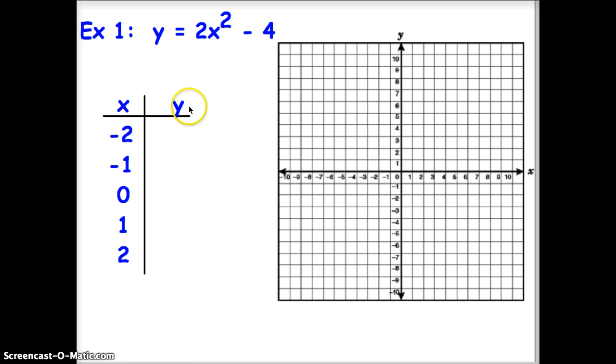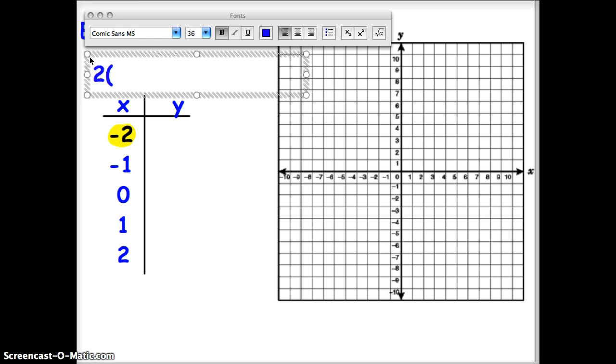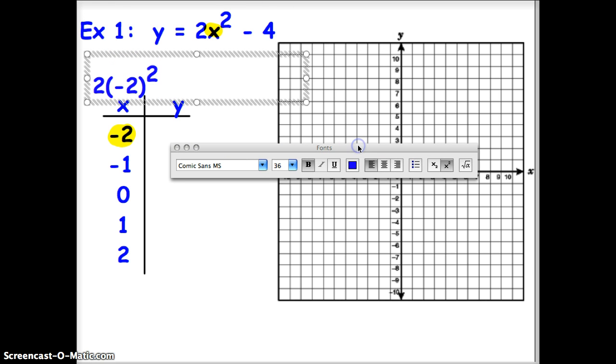So example 1, we've got the equation y equals 2x squared minus 4. Our first step is to take each of our x values and substitute it in for x to find y. So for the first one, I'm going to have 2 times -2 squared minus 4.